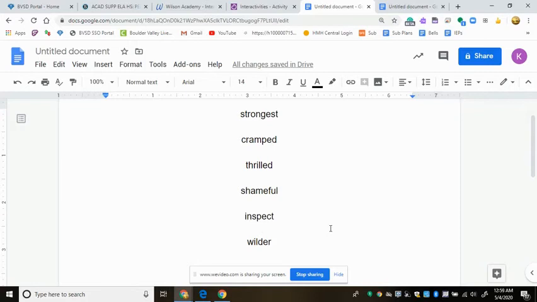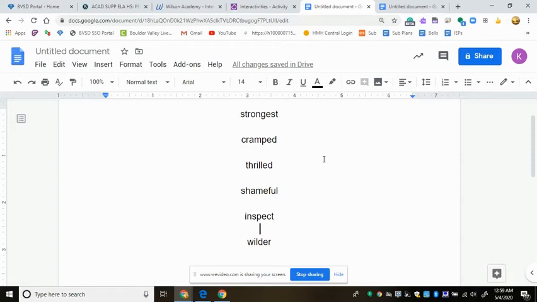We're going to mark up these words. So first thing I want you to do is underline the base word in each of these words, and then circle the suffix. Go. Next, I'm going to have you mark any digraphs, blends, any bonus letters, and welded sounds.